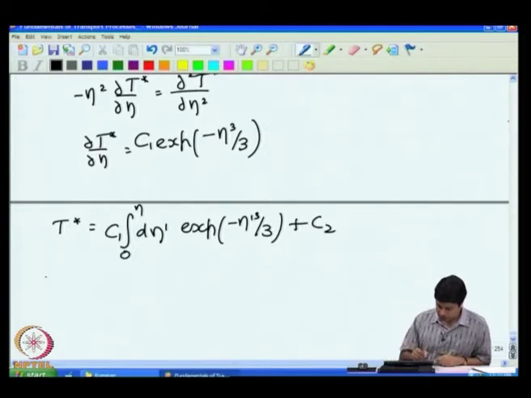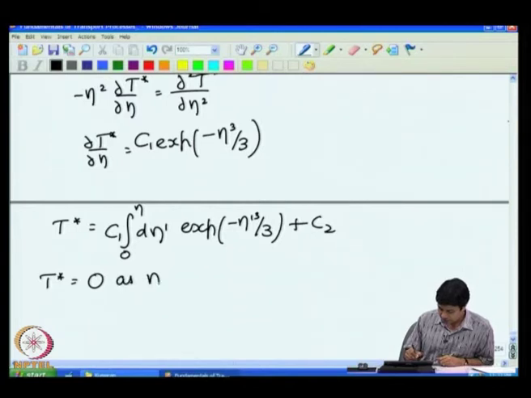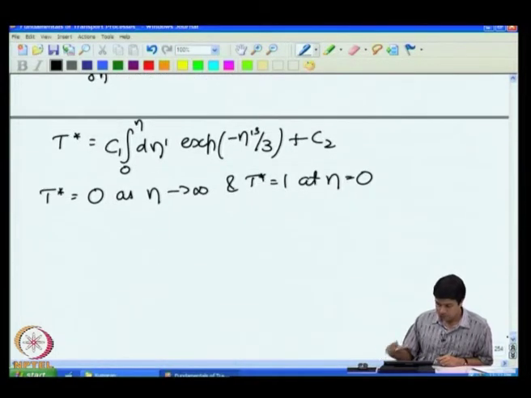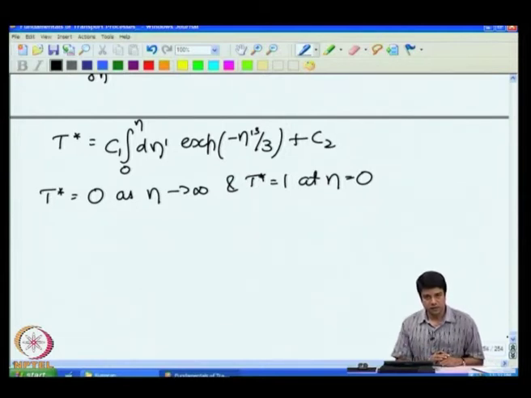Okay. T star is equal to 0 as eta goes to infinity and T star is equal to 1 at eta is equal to 0, in order to specify the constants C1 and C2. Okay.